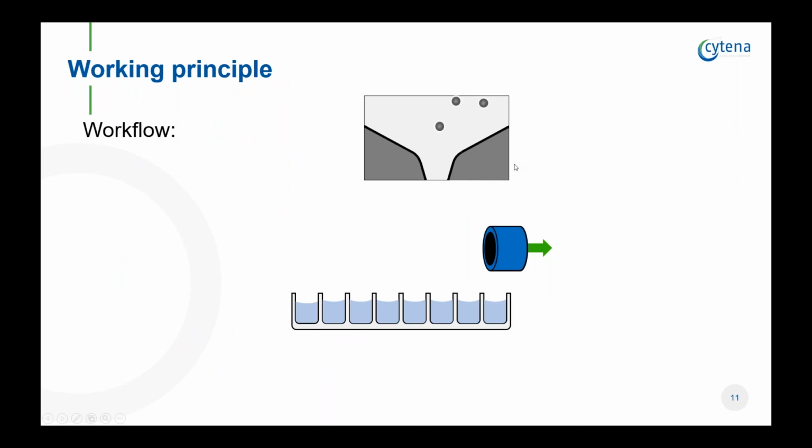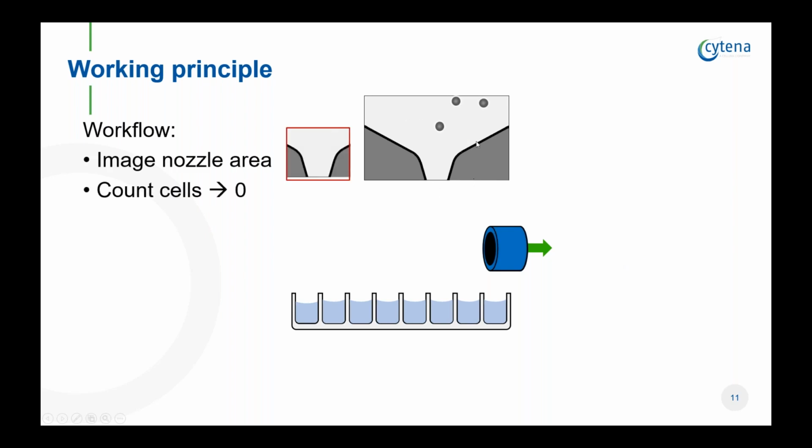We will now switch the view. Here you can see the front view of our dispensing cartridge with some cells inside and a small pneumatic shutter that allows us to remove droplets after they are ejected. Using our optical detection system and automated image processing, the area around the nozzle is continuously monitored and the number of cells and other objects inside the nozzle is counted.